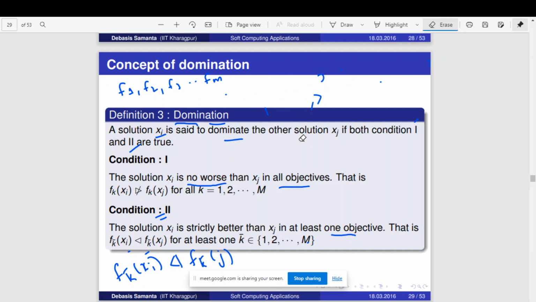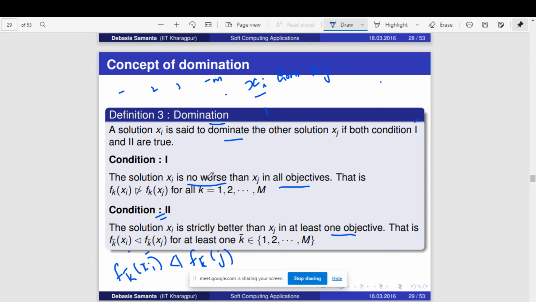Now what is the concept of domination? We can say that xi dominates xj if two conditions are satisfied. The first condition says that xi should not be worse than xj for all objectives. That is, there should not be any objective function for which xi is worse than xj.